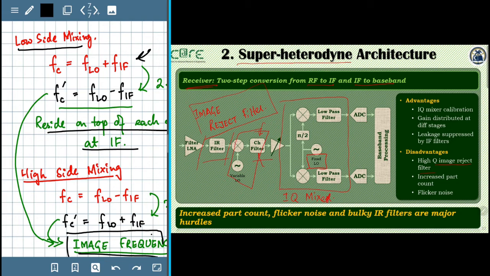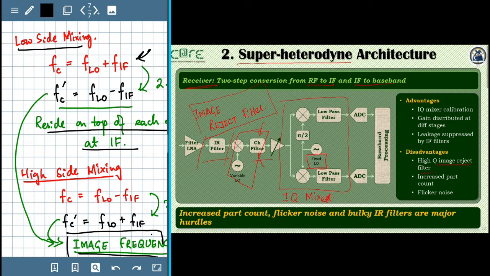If we have an intermediate frequency that is not high, then twice the intermediate frequency is also a small offset from the center frequency, which imposes sharp constraints on the design of the image reject filter.